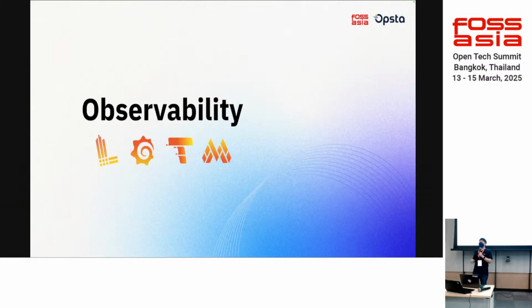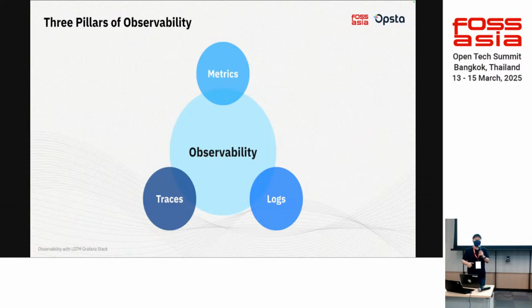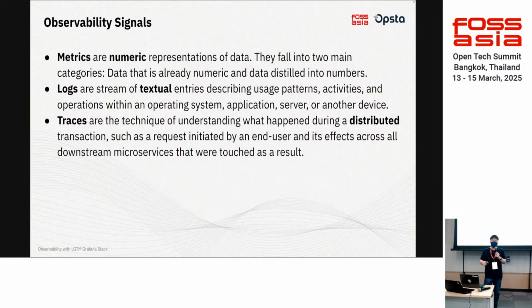Observability is a new way to do monitoring by combining the three pillars of data that you need to monitor: metrics, logs, and traces. Metrics are numeric data, the graphs that you see every day. Logs are text that you see from your application or from your system.